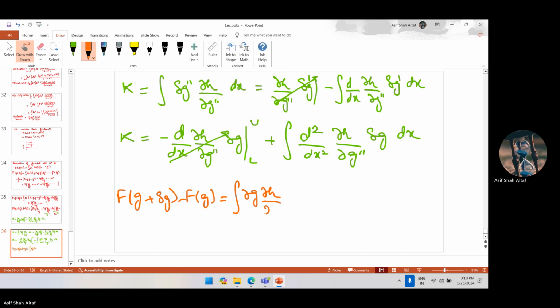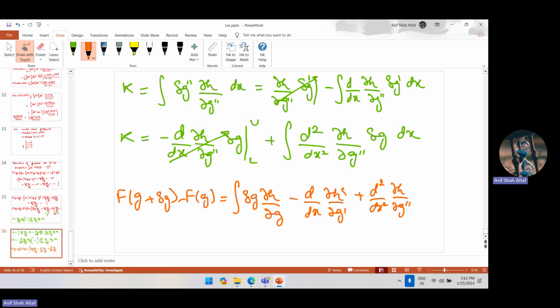delta g dou h by dou g, and then you have minus d by dx dou h by dou g dash, and then you have this term here. You have as well delta g, and then you have this dx for the whole term. Fine.